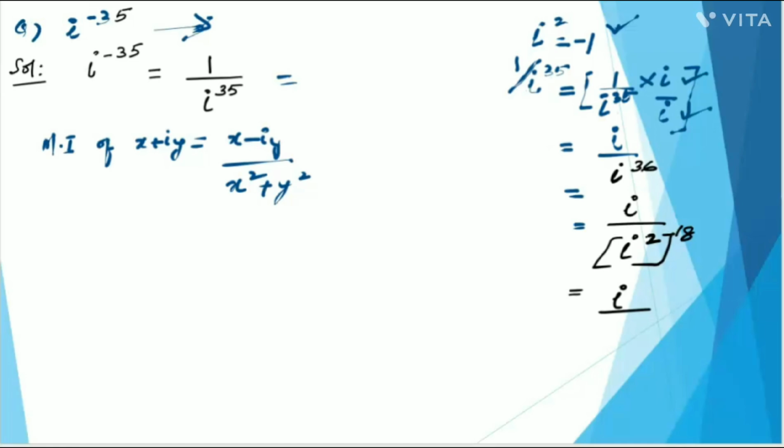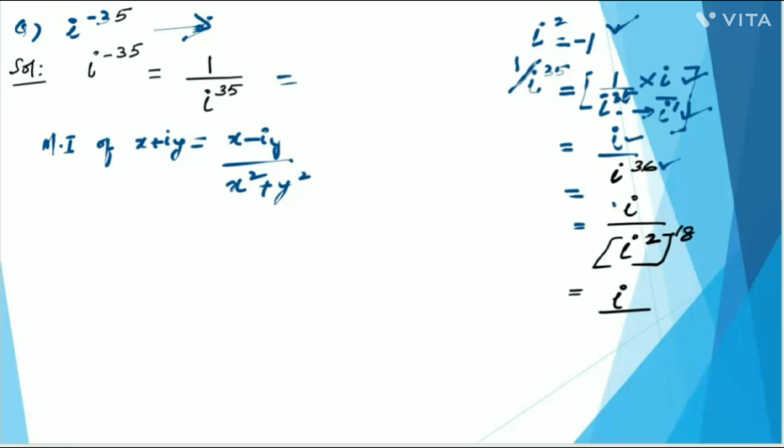Why? i to the power of 35 multiplied by i is, when bases are same, powers should be added. Here the power is 1. 35 plus 1 is 36. And this i into 1 is i.